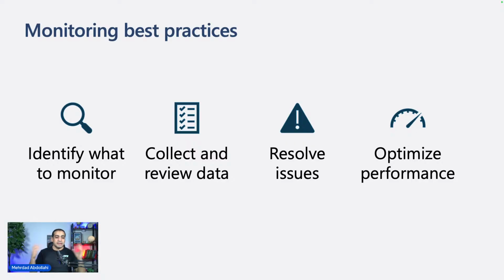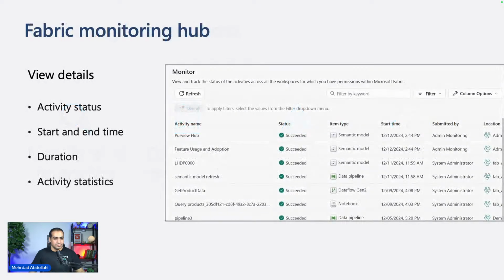How you can collect and review your data, and if there is any issue to be identified, knowing that issue and how to resolve it, and eventually you come up with some optimization and performance improvements. And it applies to every single item that we've got in Fabric. Not only Fabric, any IT-driven solutions.